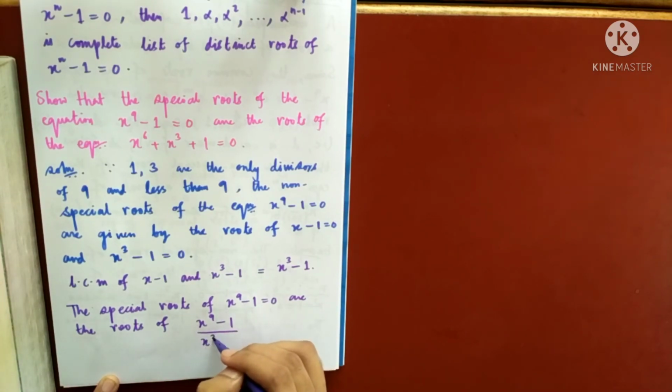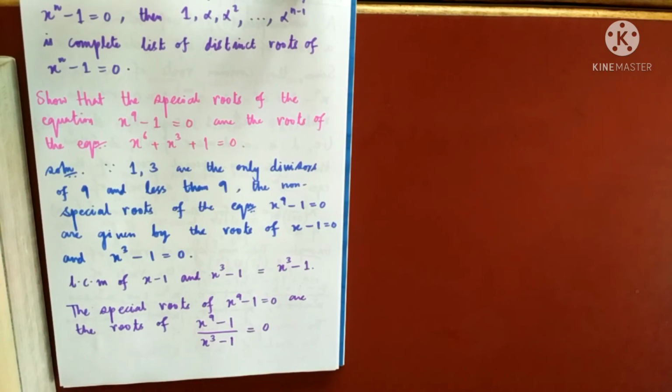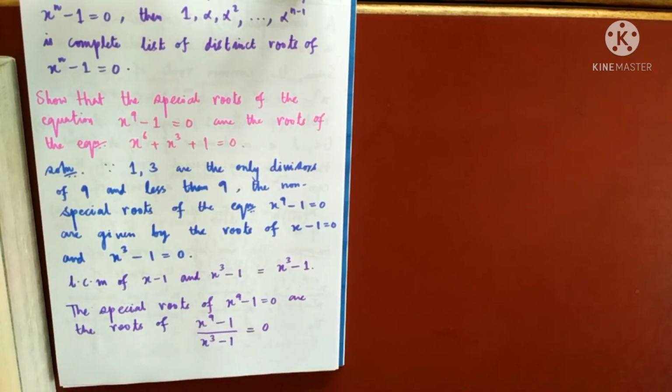That will remove all the non-special roots. Do you agree with me? When I am dividing this by this, this factor will get cancelled from here, and as a result, I will remain with all the special roots.